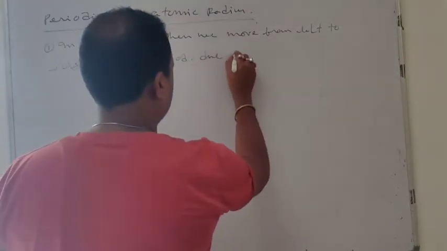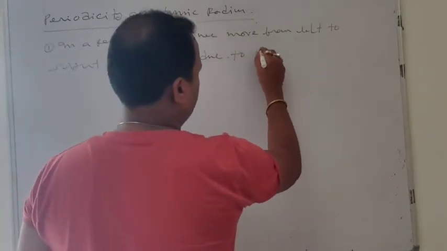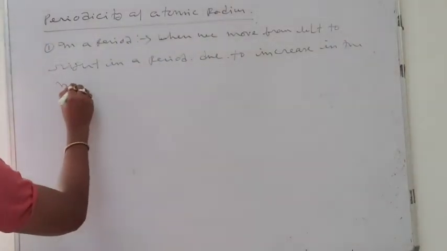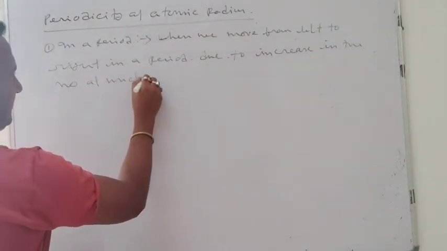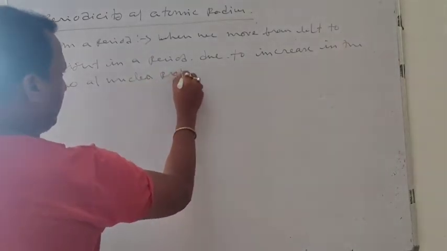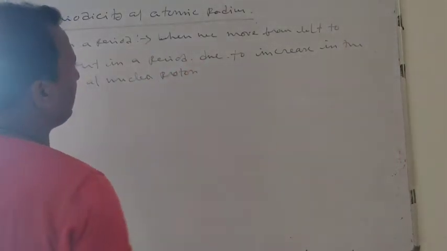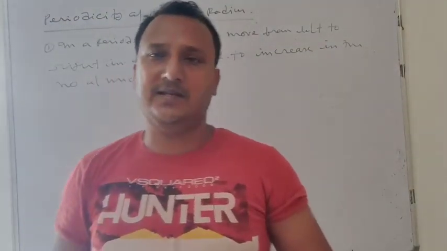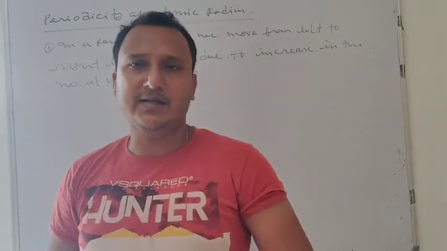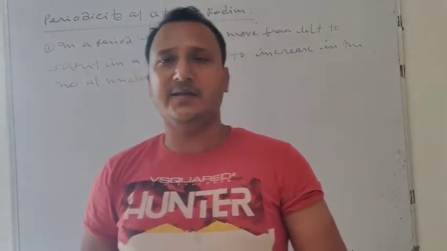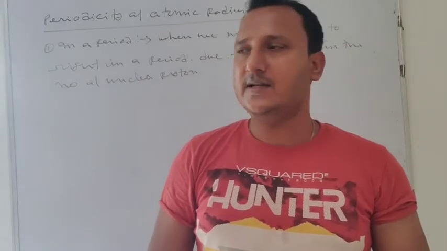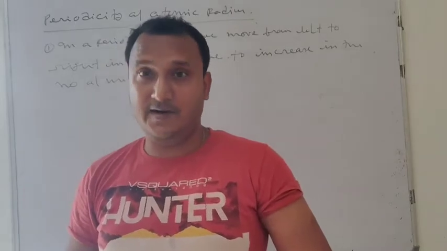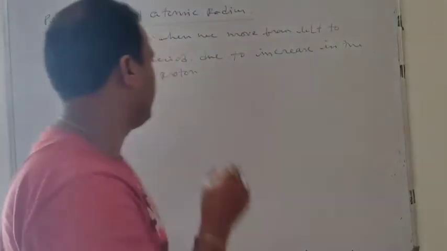due to increase in the number of nuclear charge. Nuclear charge means proton. The charged particle only present in the nucleus is proton, and therefore nuclear charge means the number of protons present in the nucleus. In the nucleus, neutrons are also present, but these neutrons are chargeless, and therefore nuclear charge cannot refer to neutrons.